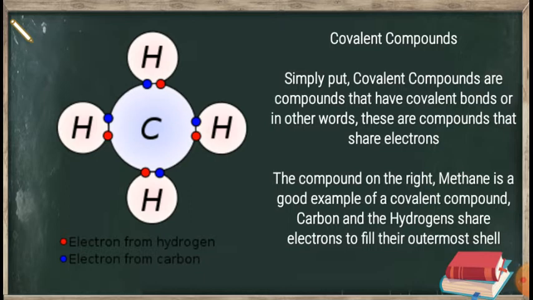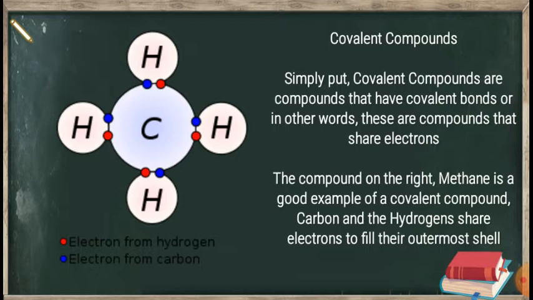So as you can see here, guys, in the left part of the screen, we have the methane, CH4. You can see at the edges of the carbon, at the four directions, the west, east, north, and south, is a hydrogen atom. Now, the hydrogen atom has one valence electron. Each hydrogen atom has one, and the carbon has four valence electrons.